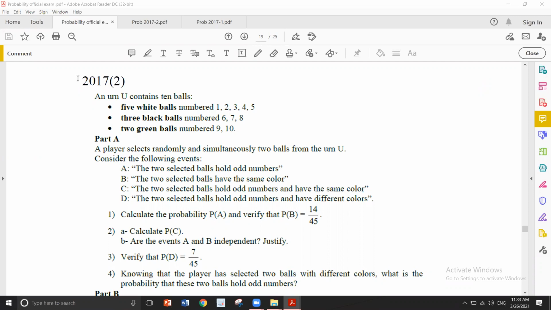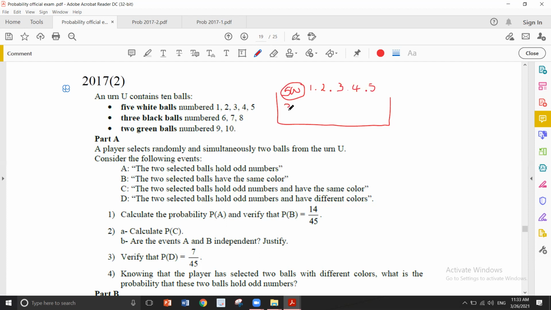Okay, let's start. An urn contains 5 white balls numbered 1, 2, 3, 4, and 5.